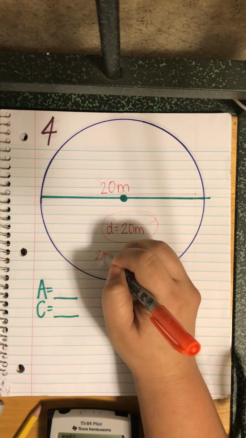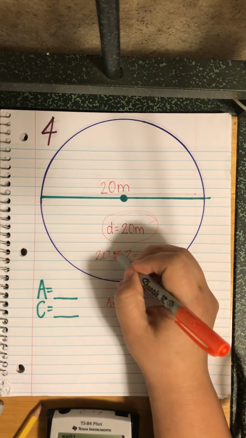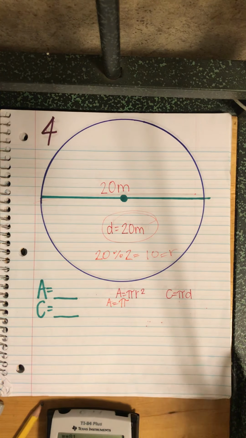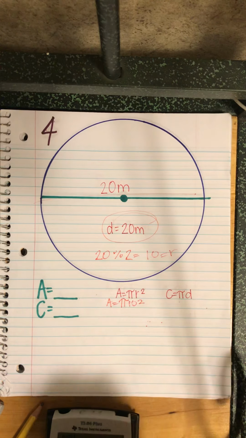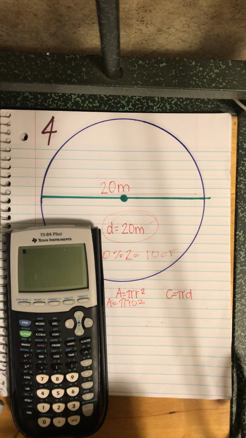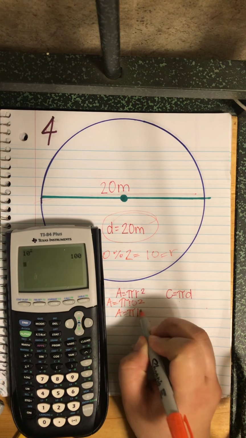It's half of the diameter. 20 divided by 2 equals 10. So that 10 equals r. That's our radius. Pi 10 squared. So here we go. 10 squared is 100. So area equals pi times 100.